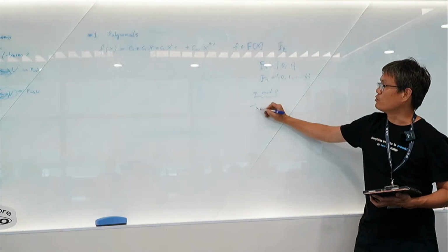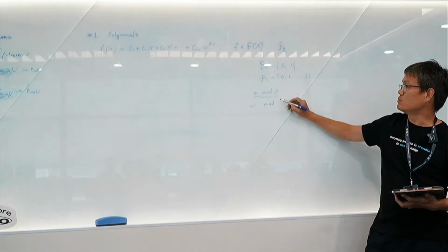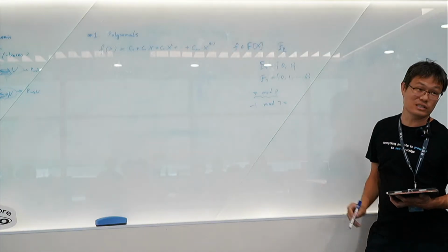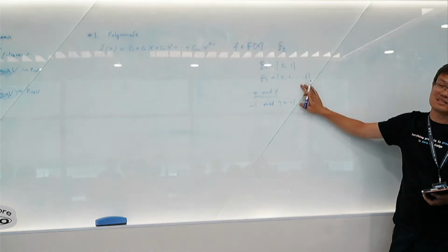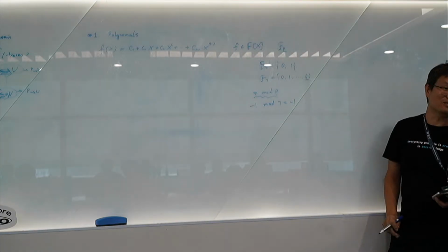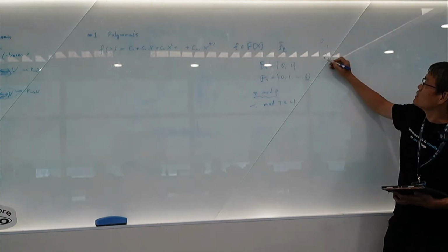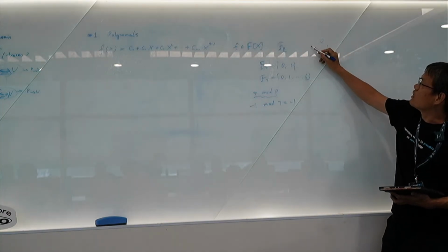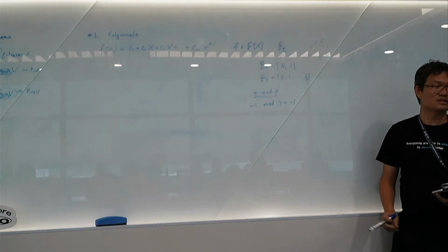But for example, -1 mod 7. So what would -1 be? Where is the -1? Here is -1, because it goes 1, 2, 3, 4, 5, 6. So it looks like a circle.